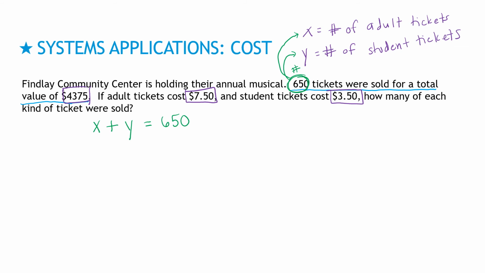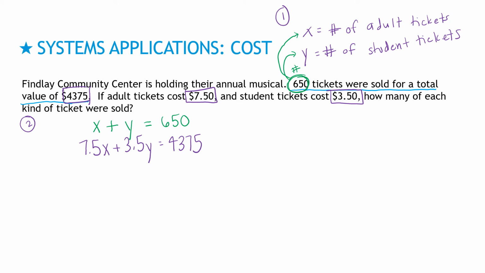So if adult tickets cost $7.50, I'm going to take $7.50 times X, which is the number of adult tickets. Student tickets cost $3.50, so 3.5 times Y, and that's 4,375. So here's step 1, here's step 2.